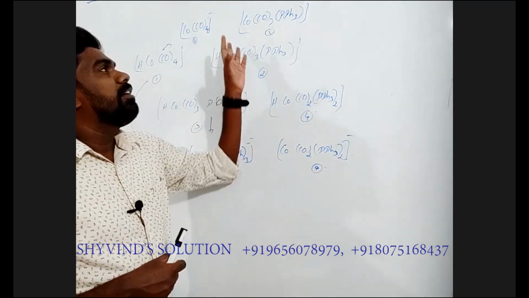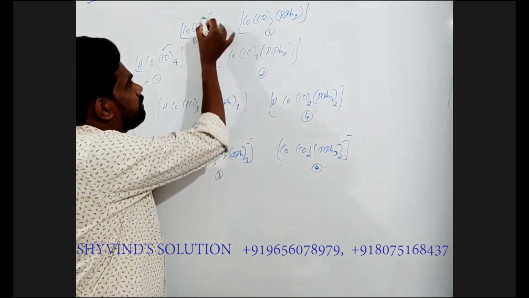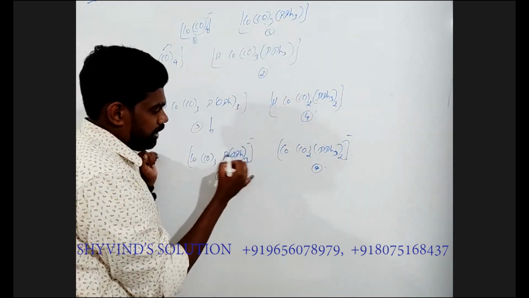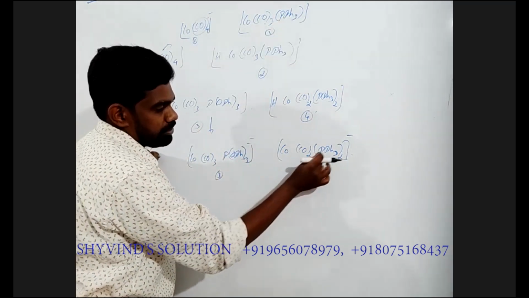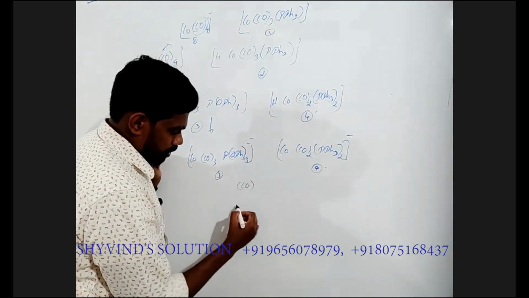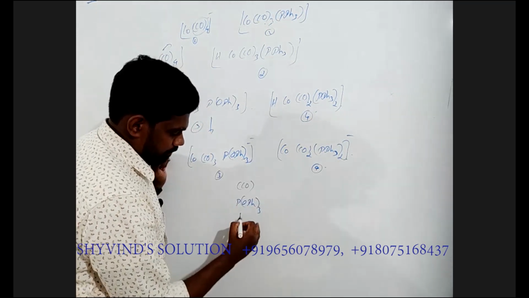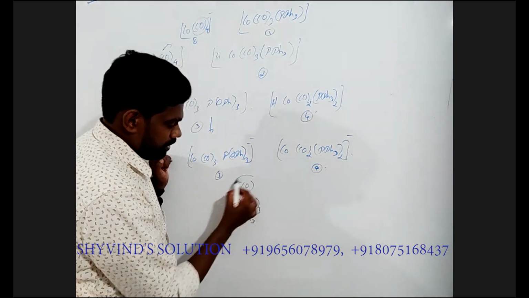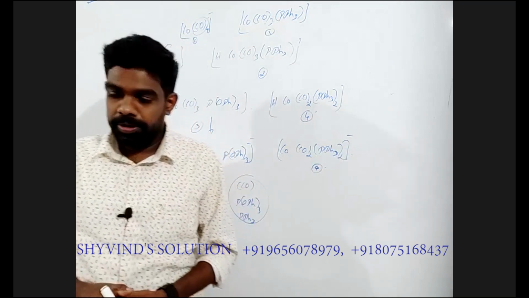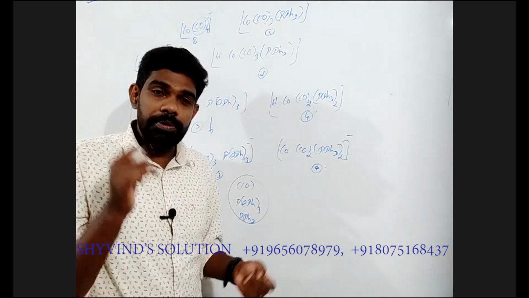The idea is these molecules have different ligands. Here we have CO, here we have CO plus PPh3, here we have P(OPh)3, and here we have CO and PPh3. So we have to compare CO, P(OPh)3, and PPh3. The metal is the same, the charge is the same, so we should compare the property of these ligands. Which property should we compare?